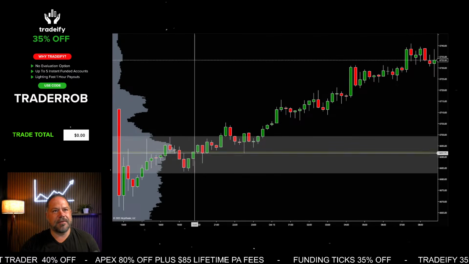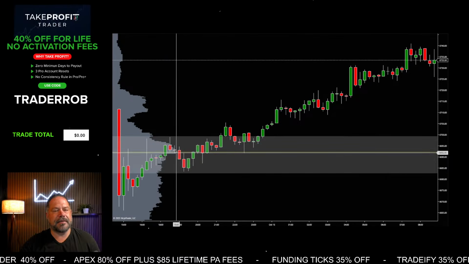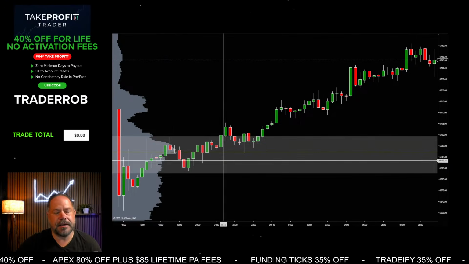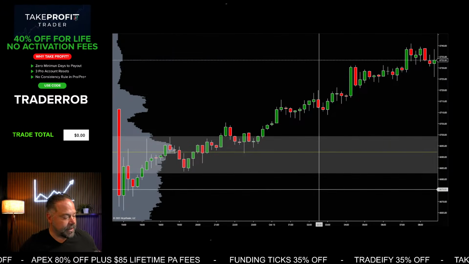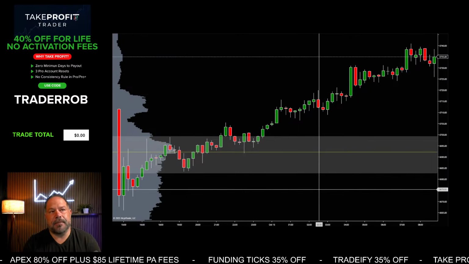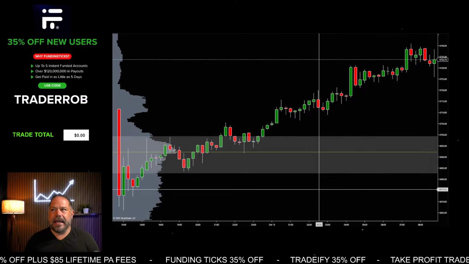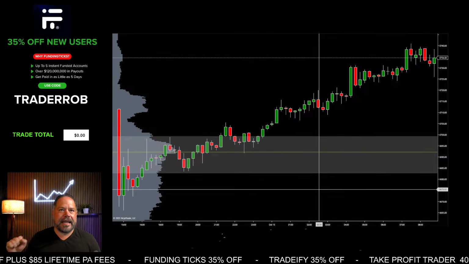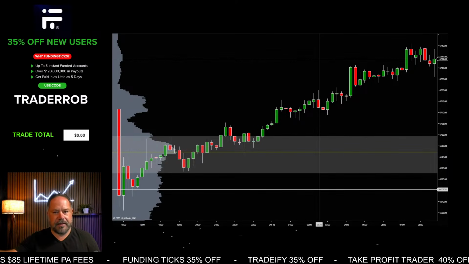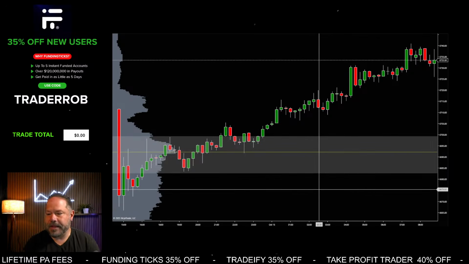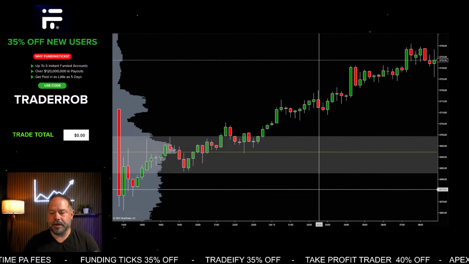We do have a point of control right at the peak of this volume cluster right here. And those are the areas that I really like to trade. I'm looking for areas that have already seen a lot of volume and, most importantly, had a strong movement out of that volume. That's extremely important to me.